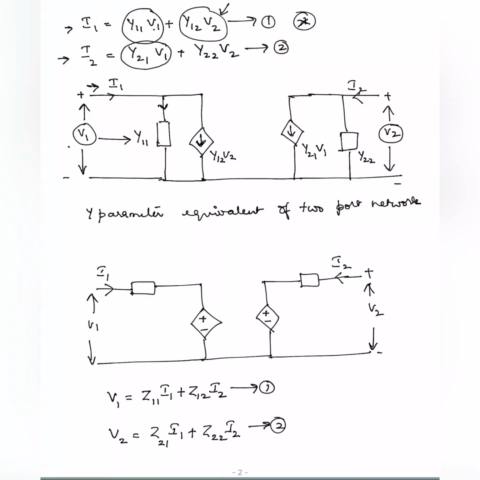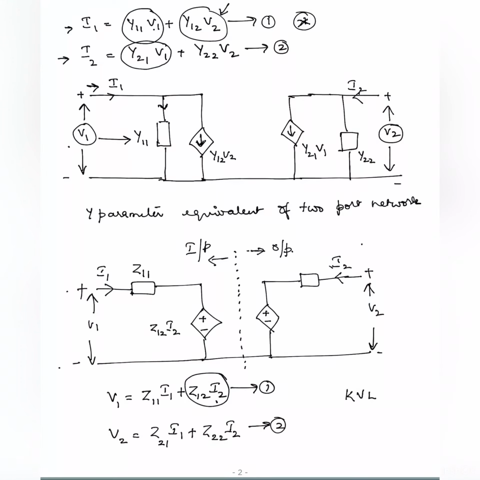Now the input side is towards the left. This side is the input side, this is the output side. The input side should follow Kirchhoff's voltage law. So v1 is here, plus and minus. If you apply KVL, minus to plus is plus v1, and you will have i1 z11, and the second term, i2. You have i2 on the input side, but i2 is a current present at the output end, so you will have a dependent voltage source, that is z12 i2.